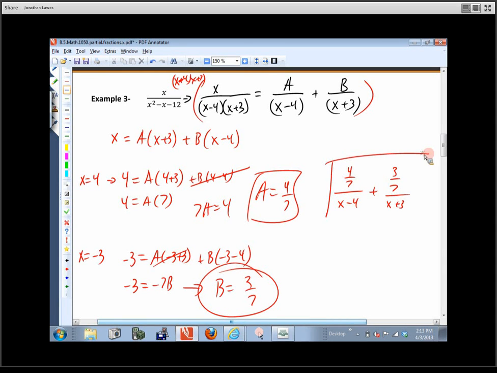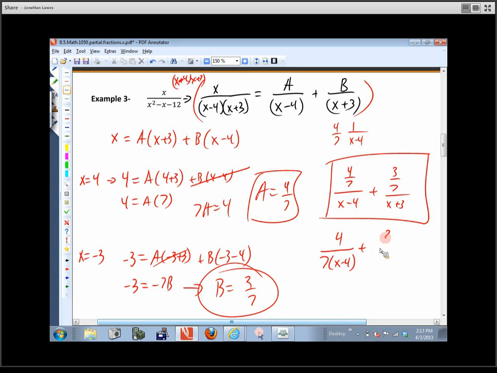Now, if that bothered you, or you looked in the back of the book or somebody said, hey, that's not quite right, you can clean that up just a little bit. Slide the 4 sevenths out front, and here's what it would be. It's 4 over 7 parentheses x minus 4.